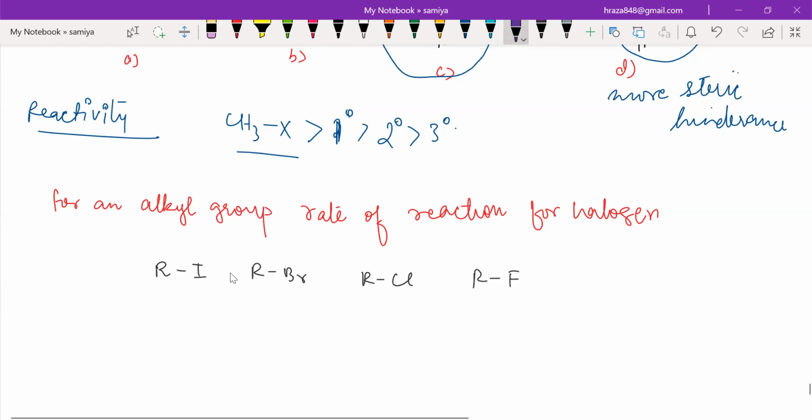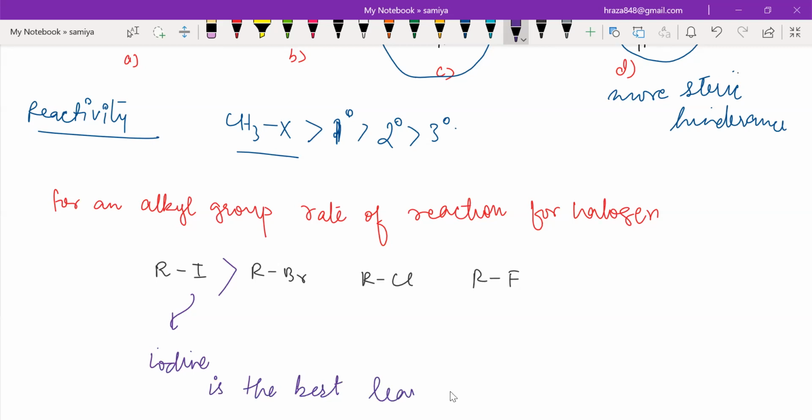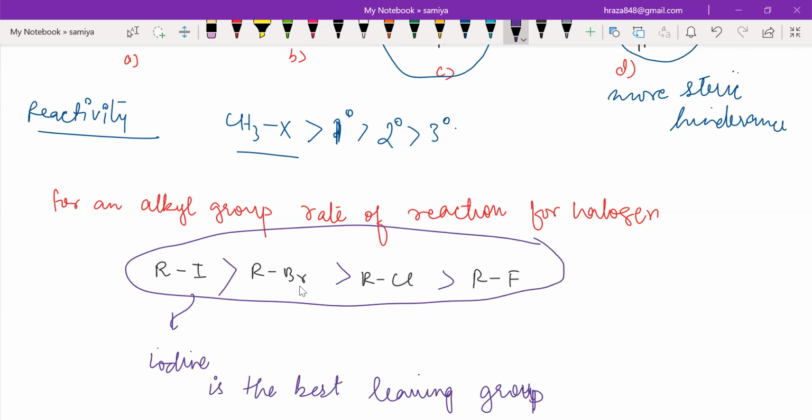So basically, iodine is the best leaving group. So the reactivity, if the alkyl halide is common for all the halogens, then iodine, then bromine, then chlorine, then fluorine.